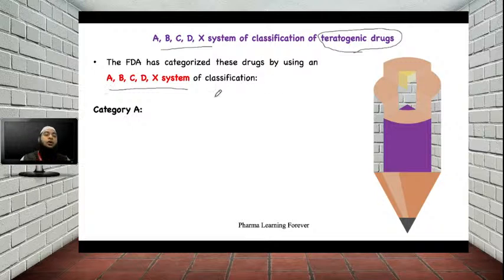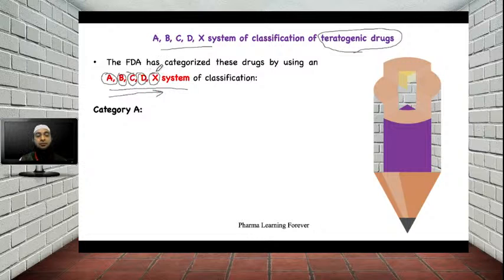As you move on from A to X, there is an increase in the risk of giving the drug to a pregnant woman. What it means is that category A drugs are the most safe in pregnant women, B are less safe as compared to A, C are less safe as compared to B, D are the least safe, and X are the drugs which are very dangerous if you give them to a pregnant woman, as they carry more risk.